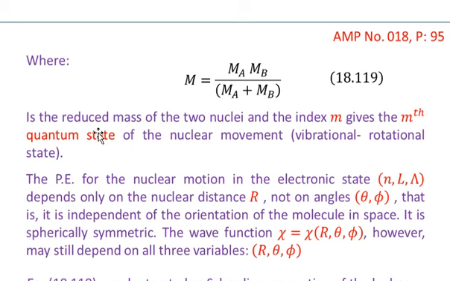This M is the reduced mass of the two nuclei, and the index m gives the mth quantum state of the nuclear movement, that is the vibrational and rotational states.